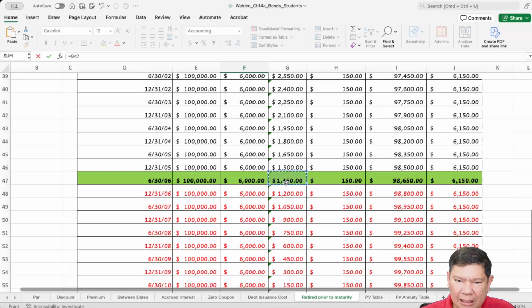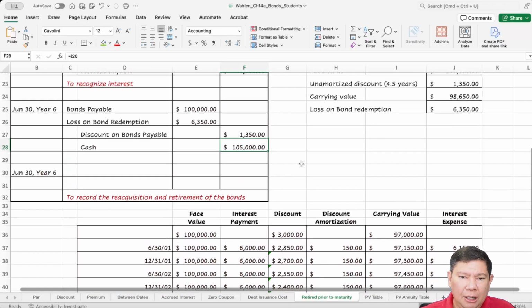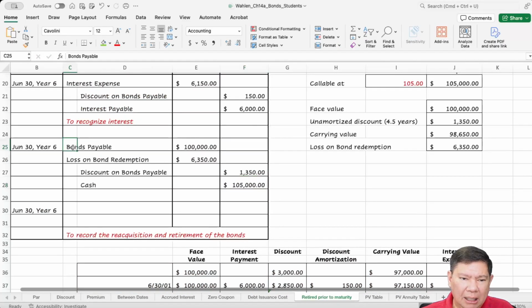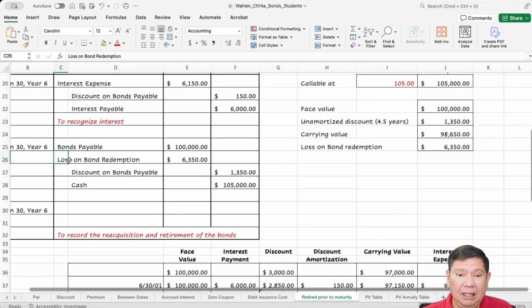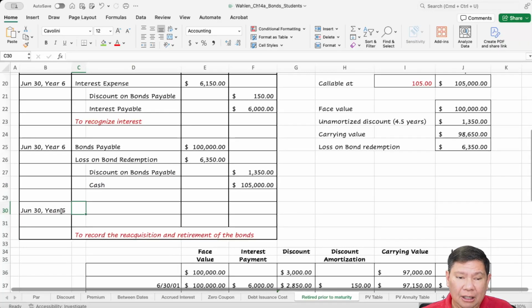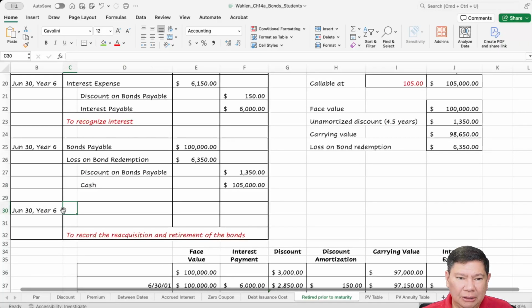The discount account has to be closed as well. So we close the bonds payable account, we close the discount account, we recognize a loss that will be reported, and then we have to pay cash to the bondholders to call the bonds.